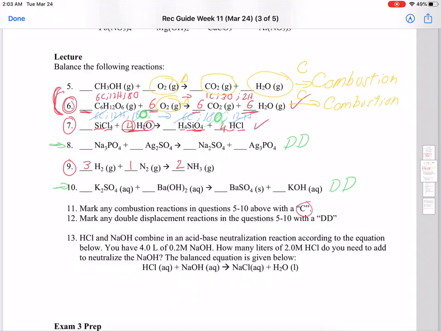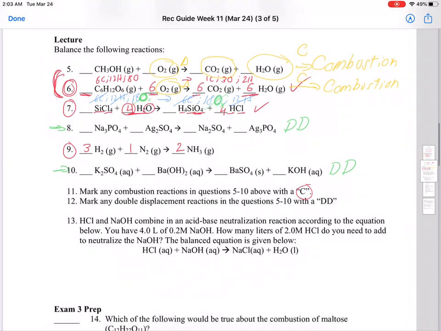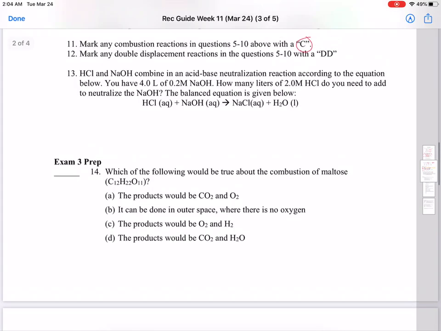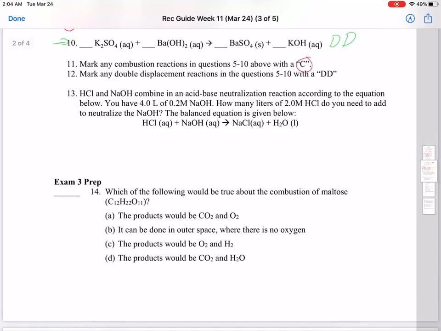And I guess this is the last exercise I will discuss with you, and it's exercise number 13, which is actually kind of interesting. They are showing me a reaction of HCl with sodium hydroxide to form table salt, or sodium chloride, and water.